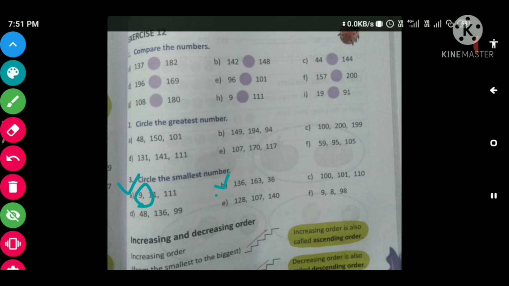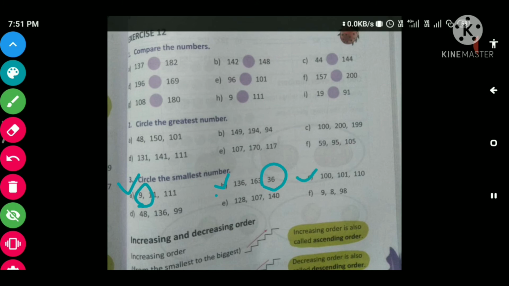Now see B part. 2 numbers have 3 digits and only 1 number has 2 digits, right? We know that if the digits are fewer, the number will be smaller. So here the smallest number will be 36. Now see the C part. Here all have 3 digits, right?